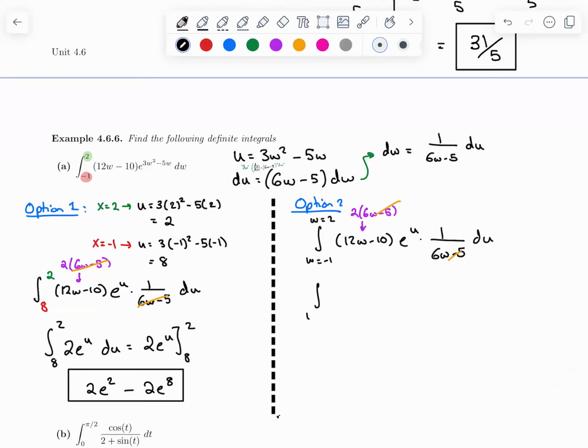We've got the integral from w equals -1 to w equals 2 of 2e to the u du. Integrating that, because we can, it's an integral purely in terms of u. So this is 2e to the u evaluated from w equals -1 to w equals 2.